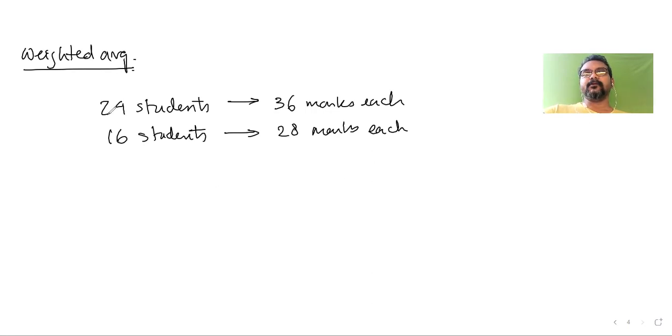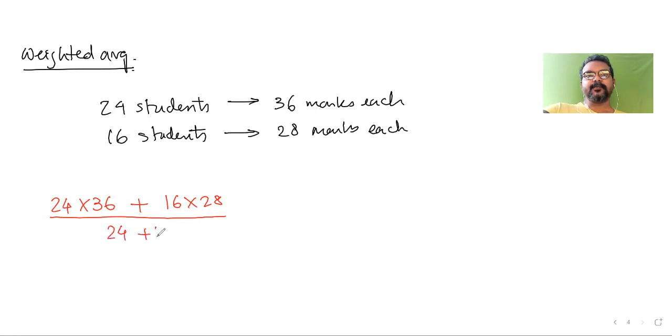The normal process for this question would have been 24 students, 36 each, plus 16 students, 28 each, the whole thing, total marks, divided by total students, 24 plus 16. Now, as you can see clearly, it's a bad calculation, right? And I don't want you to do this calculation either.